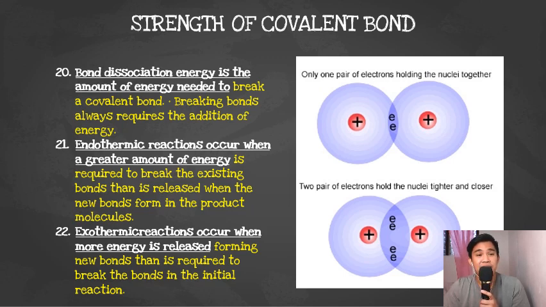Next, we also have endothermic reactions that occur when a greater amount of energy is required to break the existing bonds than is released when the new bonds form in the product molecules. And we have also the exothermic reactions that occur when more energy is released forming new bonds than is required to break the bonds in the initial reaction.